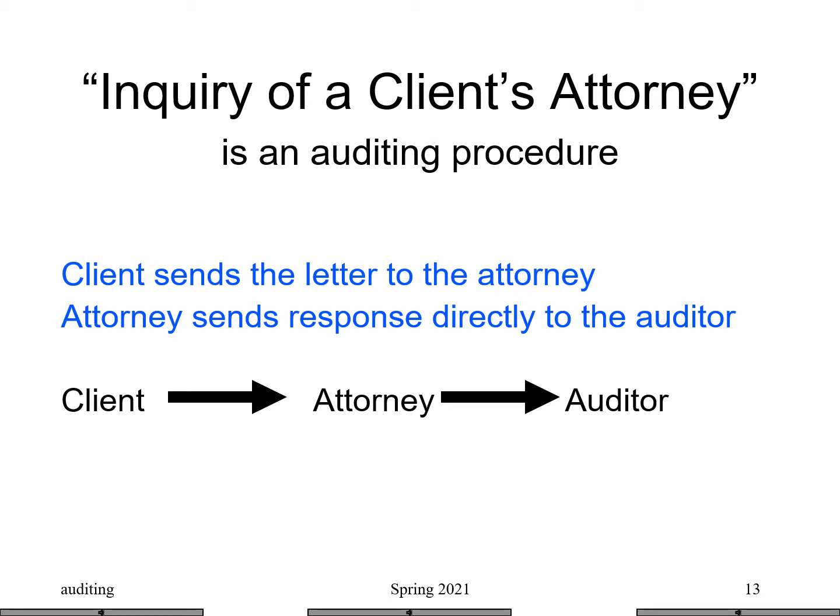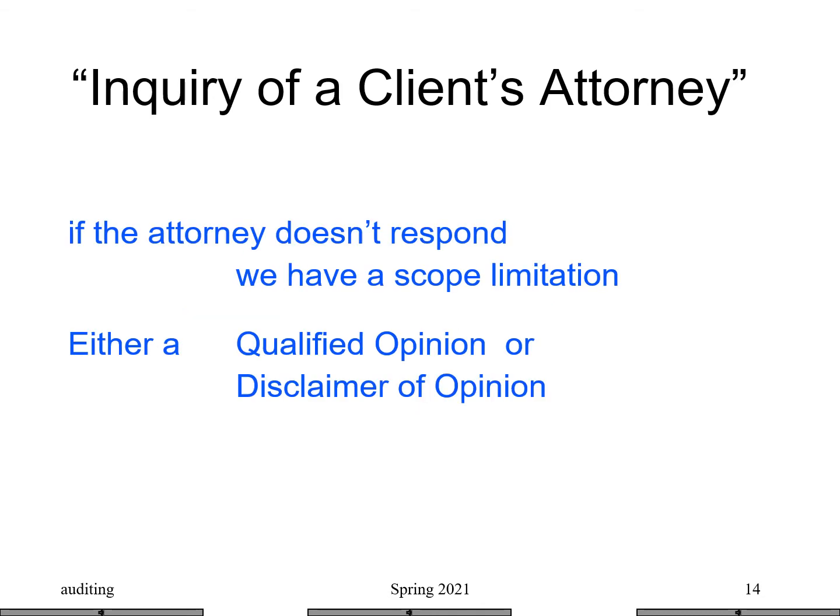I think they finally gave up on it. So this is a really, really tough situation. If the client's attorney doesn't respond to us, we have a scope limitation, which means we would issue either a qualified opinion or a disclaimer of opinion if it's material.